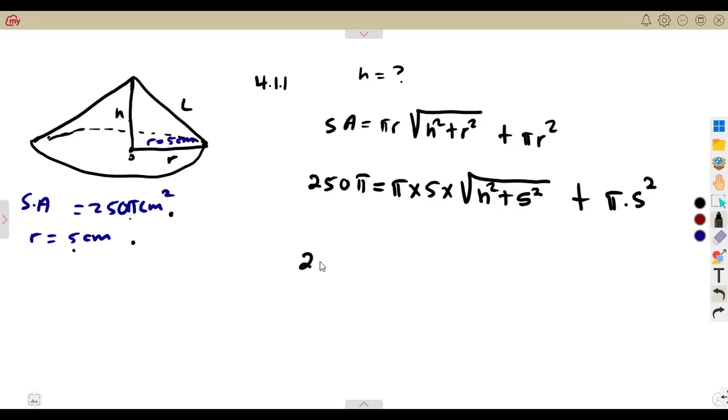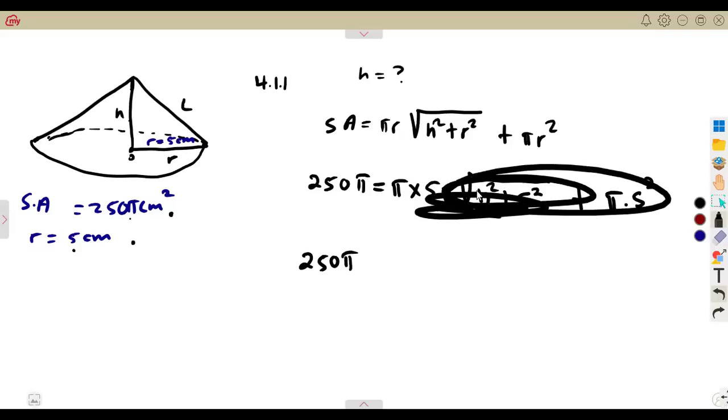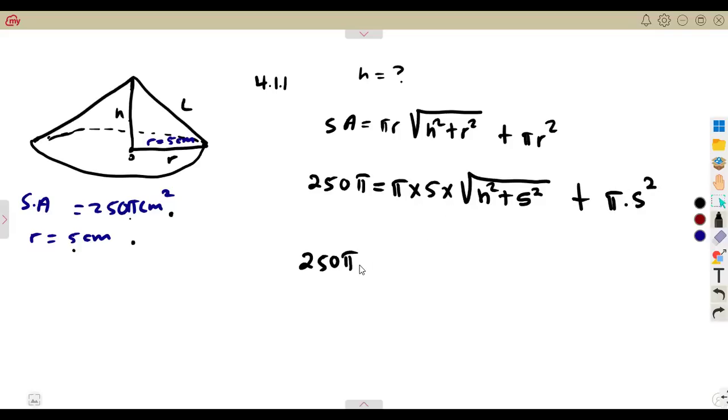Let's try to rewrite this in a simplified version. 5 times pi, that is 5 pi, the square root of 5 squared, which is 25, plus h squared, plus 5 squared times pi, which is 25 pi.